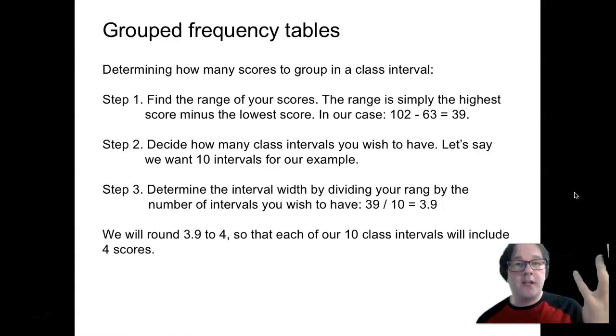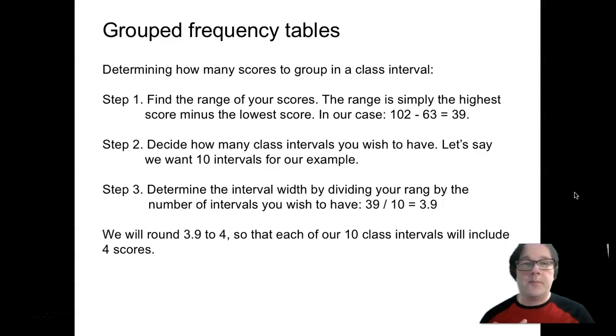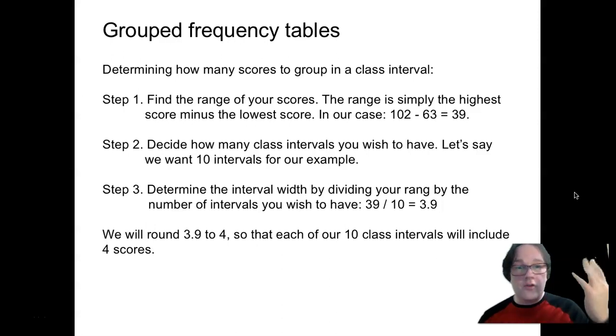So we have a range of 40, or a range of 39, rather. And we decide, let's break that up into 10 groups. That seems like a nice, even, comfortable number. To determine how many scores will go into each one of these 10, we simply take our range of 39 and divide it by 10.